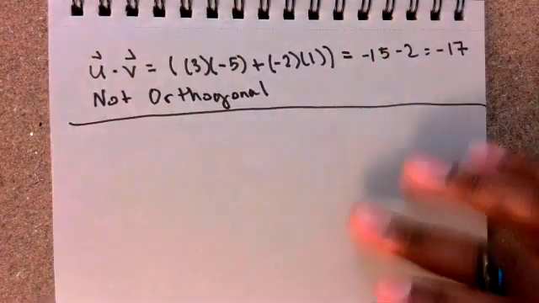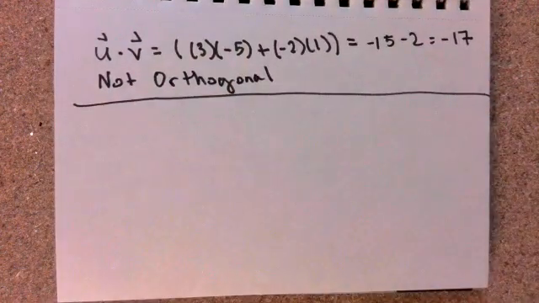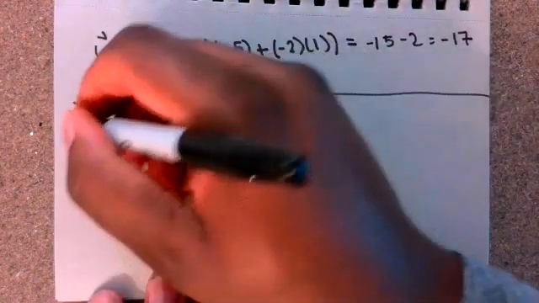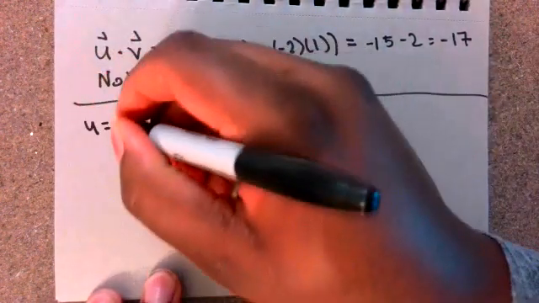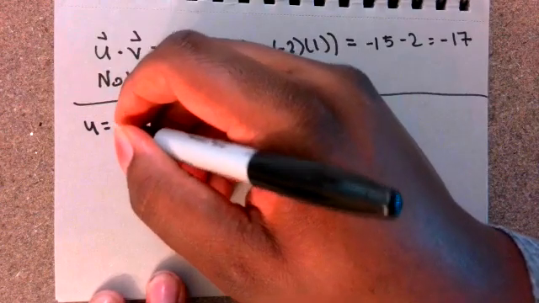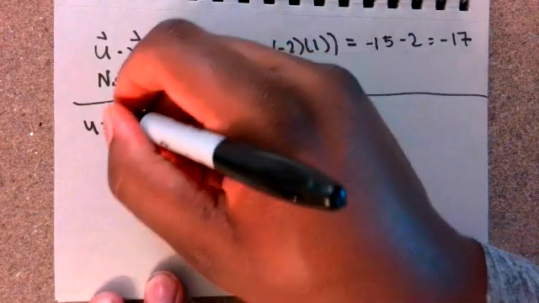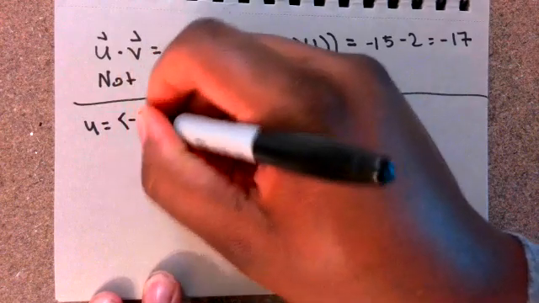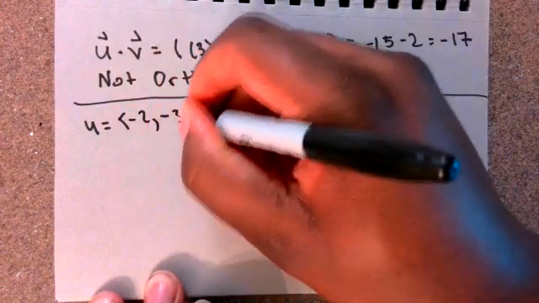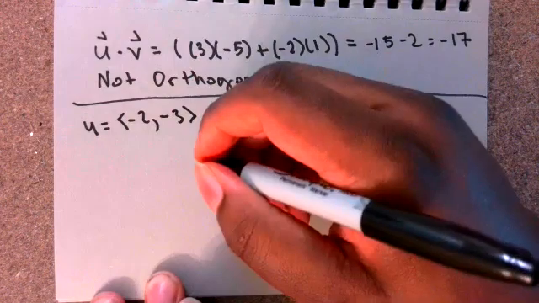Let's do another problem. Let's suppose that u is the component form -2, -3, and v is 9, -6.